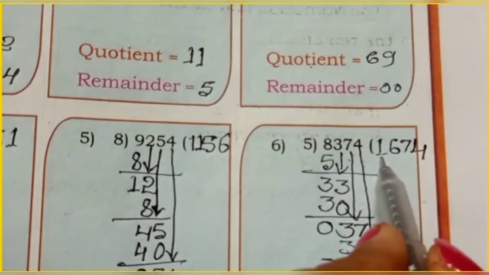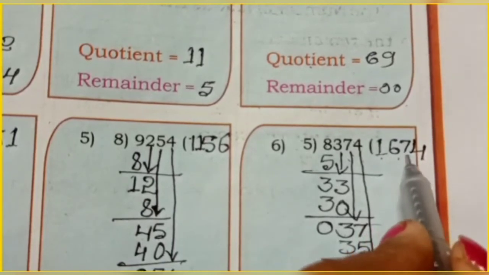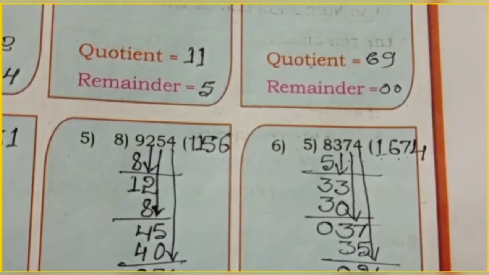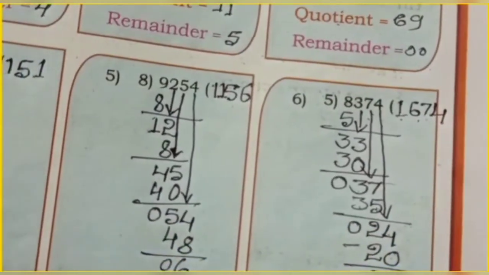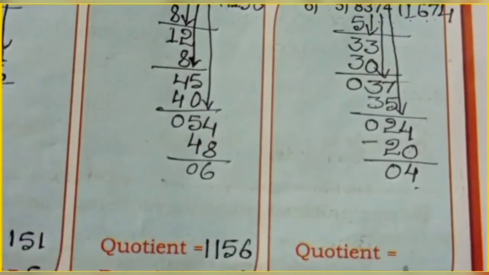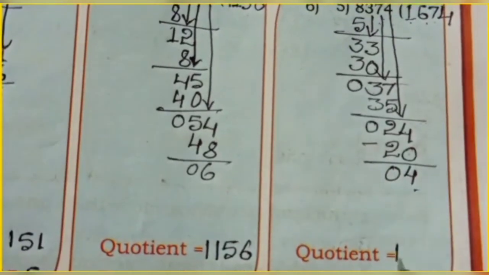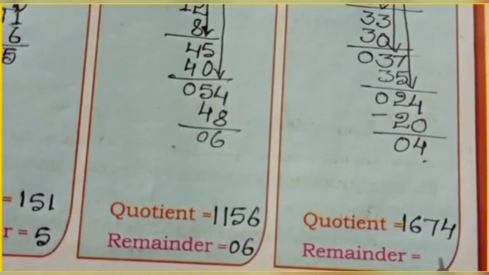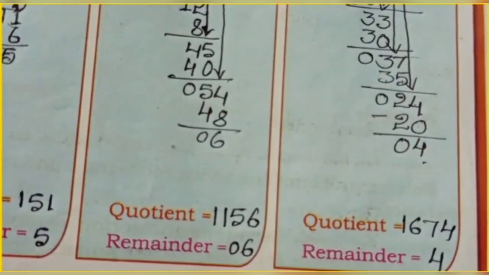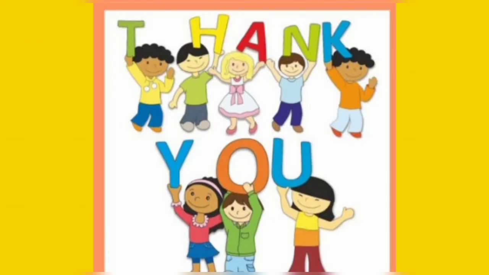So the quotient is 1674 and the remainder is 4. Thank you, children.